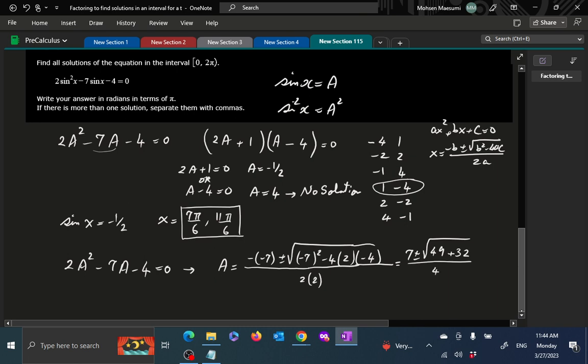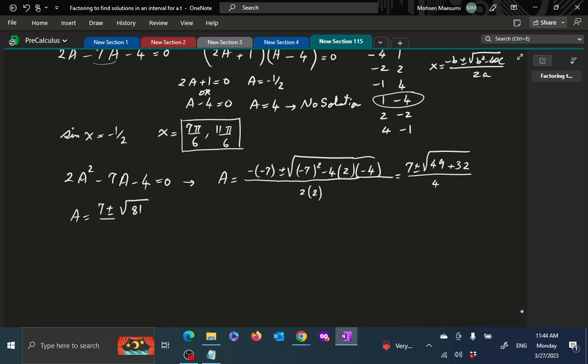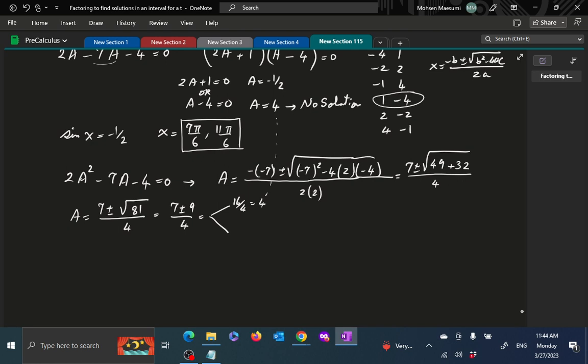So a becomes 7 plus or minus radical 81 over 4. The 7 plus or minus 9 over 4. And two choices, either 16 over 4, which is that 4 that we had here, or 7 minus 9 over 4, that's minus 2 over 4, or that's minus a half, and that's the other solution we had.